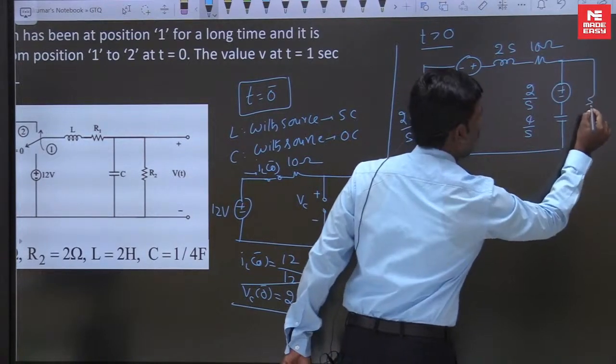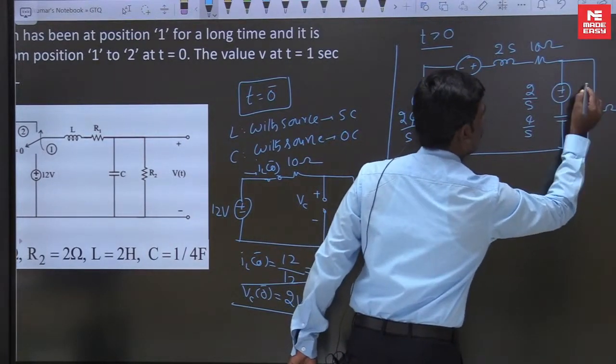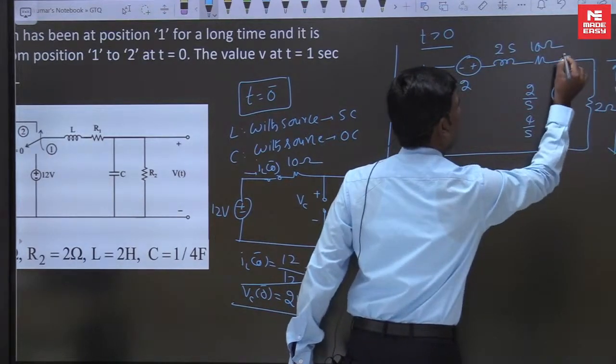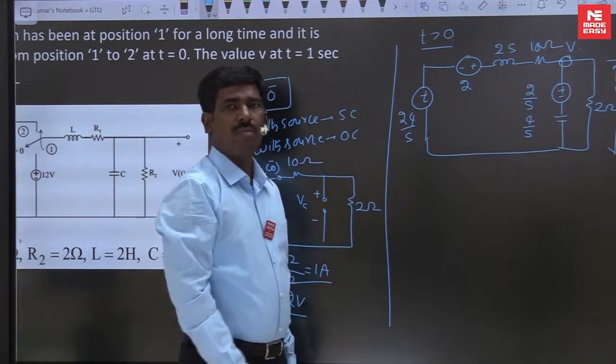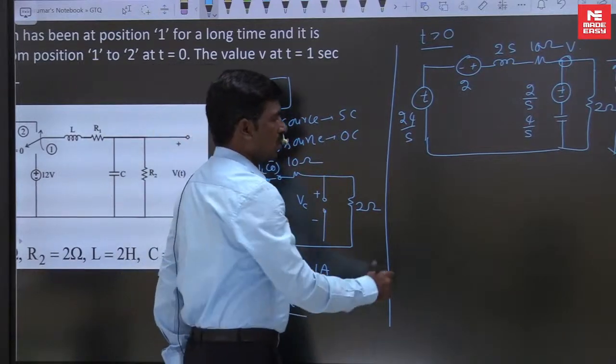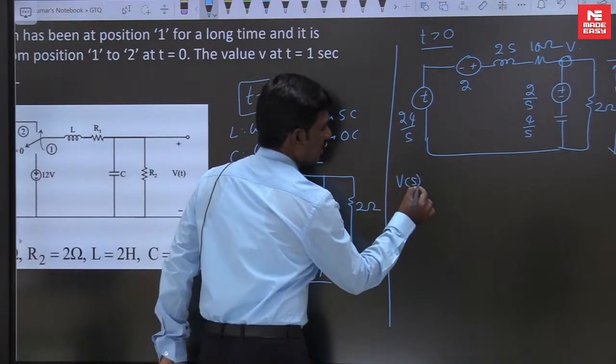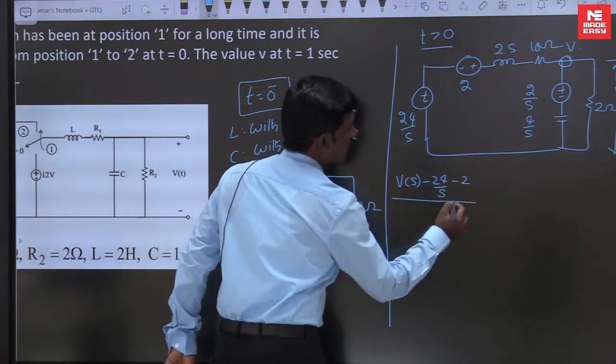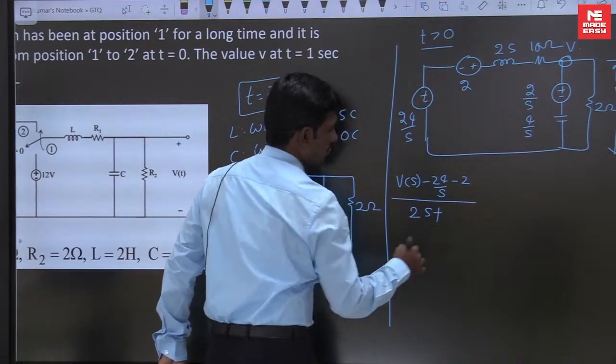Now R2 value is 2 ohms. Our intention is find out V here. Here is V. Just apply nodal analysis. V of S minus 24 by S minus 2 by 2S plus 10.